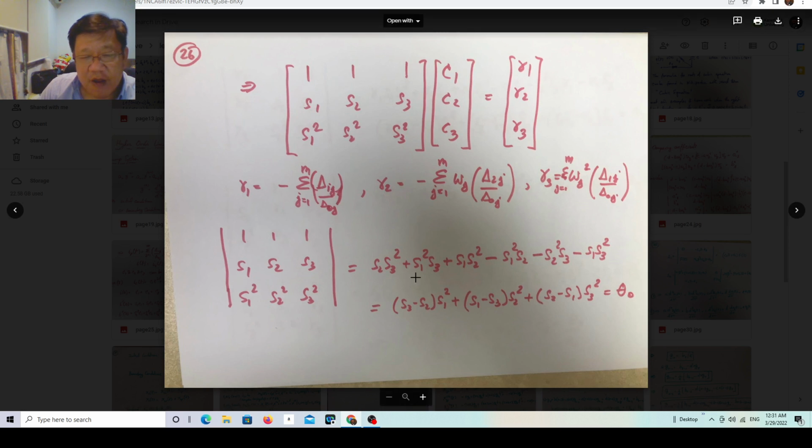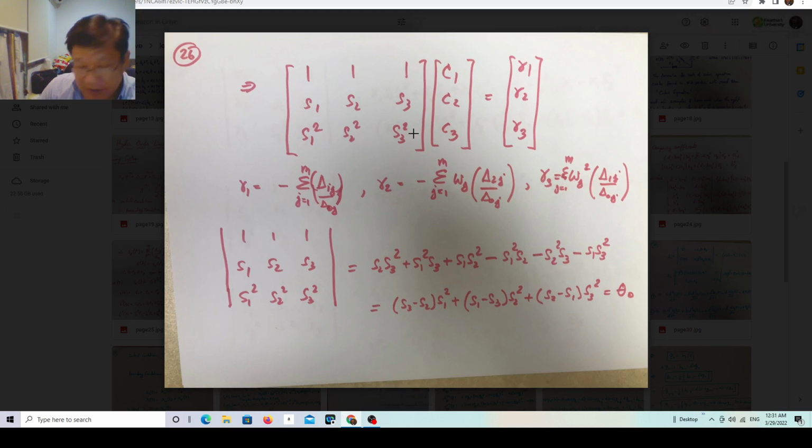And you know that if you want to find c sub 1, c sub 2, c sub 3, you just put this right hand side vector here. Suppose you want to find c sub 1, you find the determinant of this matrix by replacing this vector in the first column. For c sub 2, you replace this vector in the second column, and for c sub 3 you replace it in the third column.